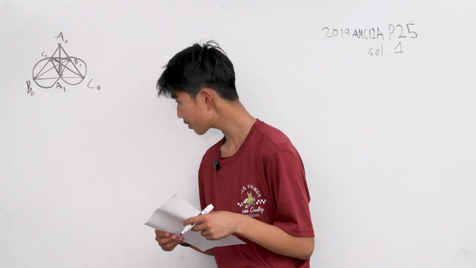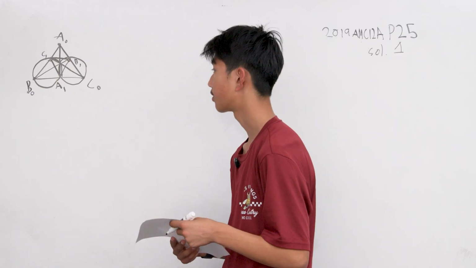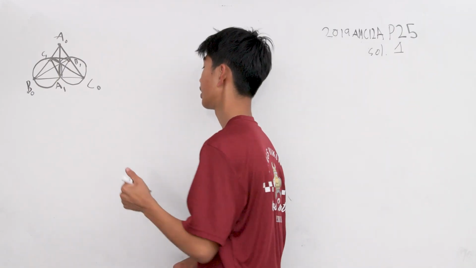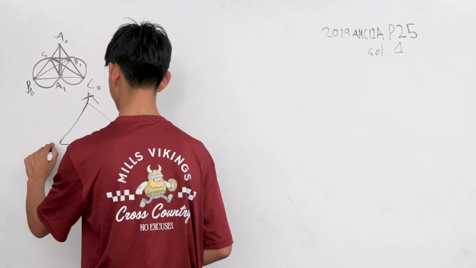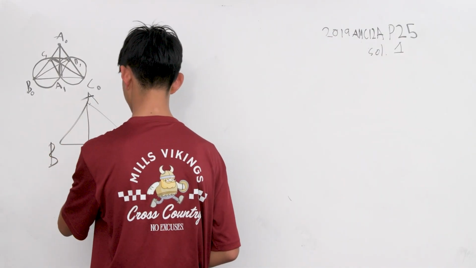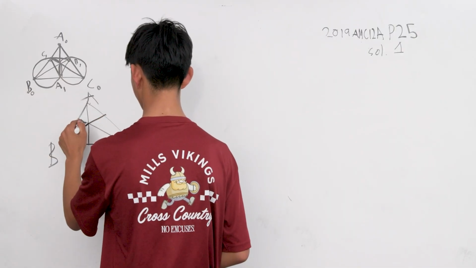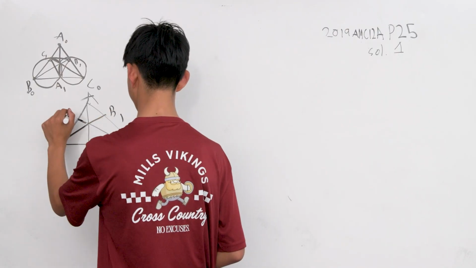obtuse? So we have this triangle ABC, and it's almost equilateral. In case you can't really see what's going on, you have this triangle, A, B, and C. You drop an altitude from A, from C, and from B, and you have A1, B1, and C1.